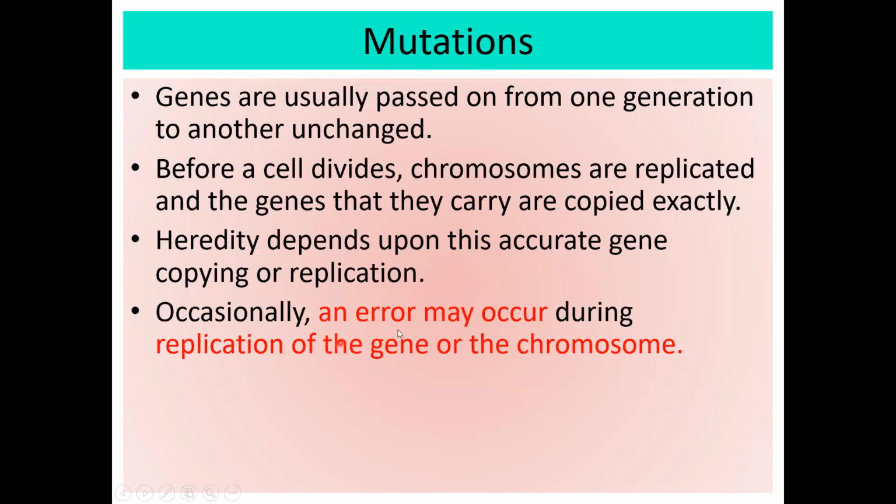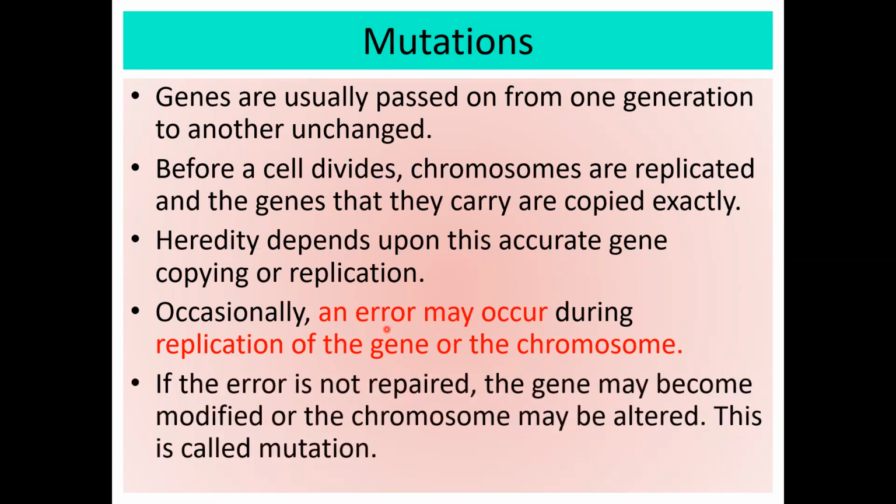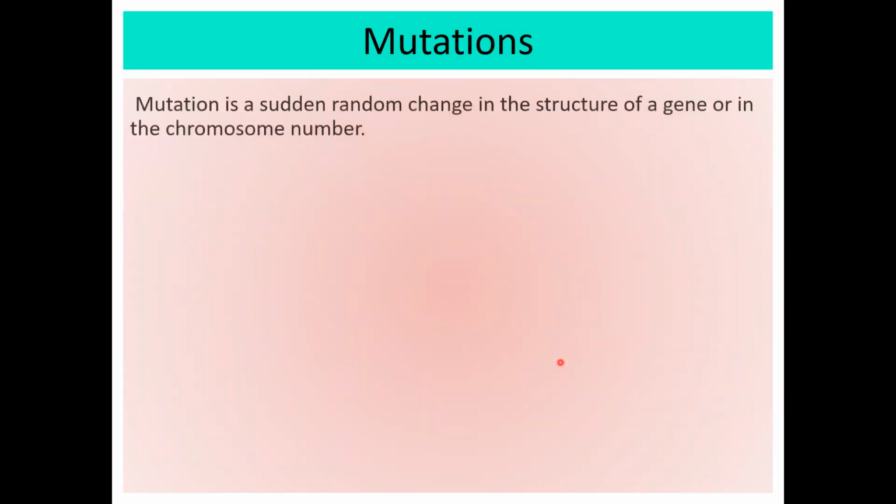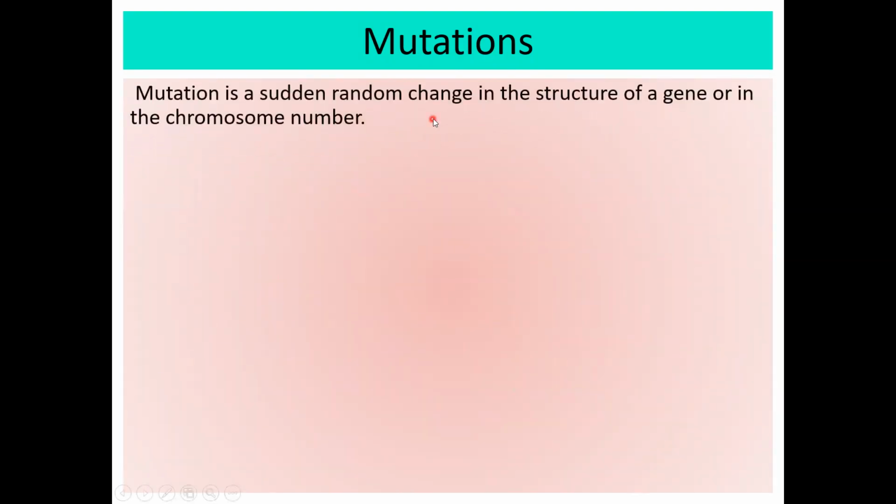If any error occurs during that replication, either in meiosis or mitosis, then definitely some results will be very different. If this happens in the gene or the chromosome, that is known as mutation. If that happens inside the gene or the chromosome, it cannot be changed, reverted, or cured. This type of condition is known as mutation. Mutation is a sudden random change, either in the gene or in the chromosome.